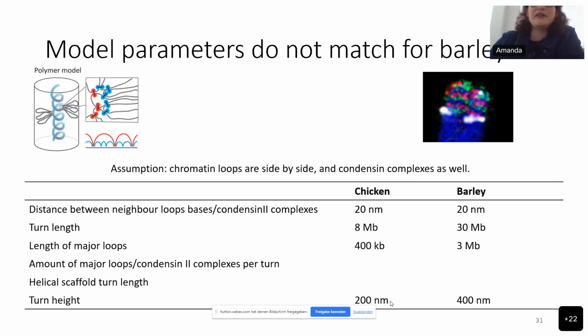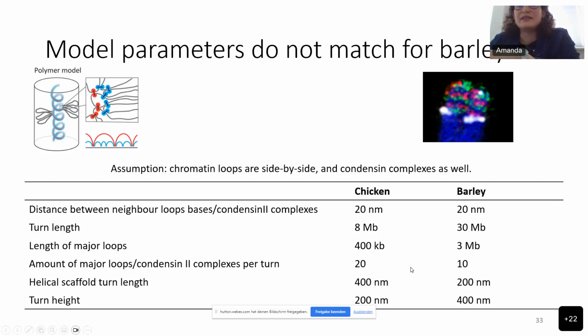Okay, so if we have each turn of 8 megabases for chicken and major loops of 400 kb, it means that they have 20 loops of chromatin per turn. And in the case of barley, this should be only 10 chromatin loops per turn. So if we have these loops and they're always side by side, then 20 times 20 nanometers for chicken, we should have a turn length that's around 400 nanometers.